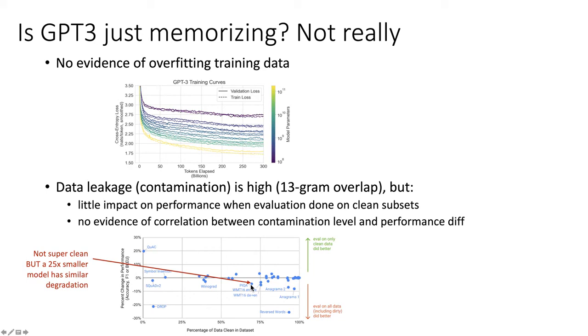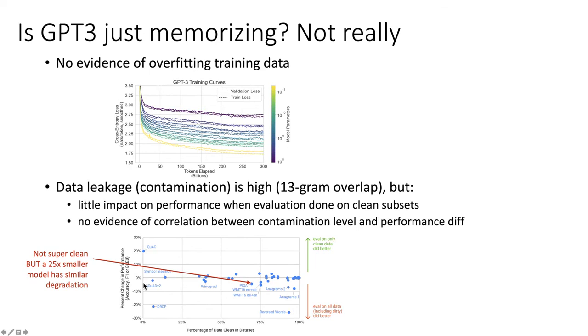For instance, for PIQA, the physical reasoning question task, it's not super clean, almost a quarter of the data is contaminated. But they took a model that was 25 times smaller, and they observed a similar degradation as with the full model.